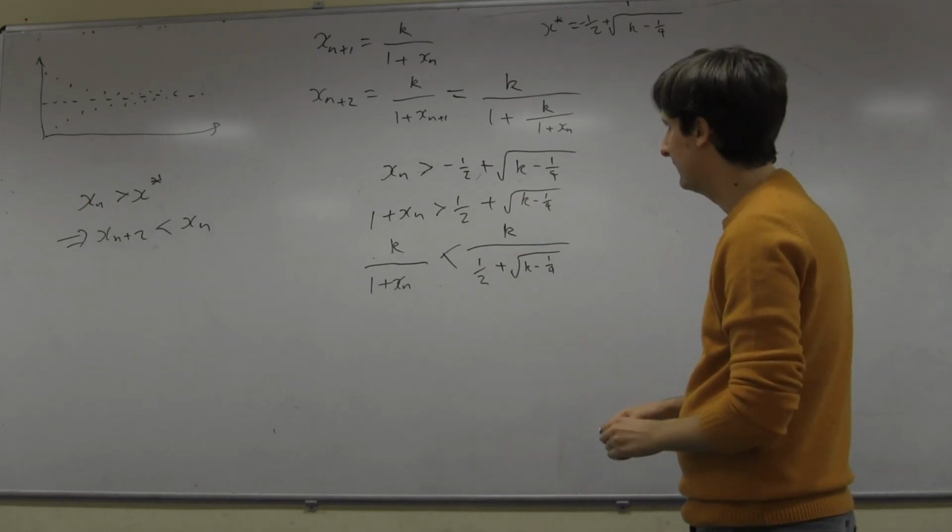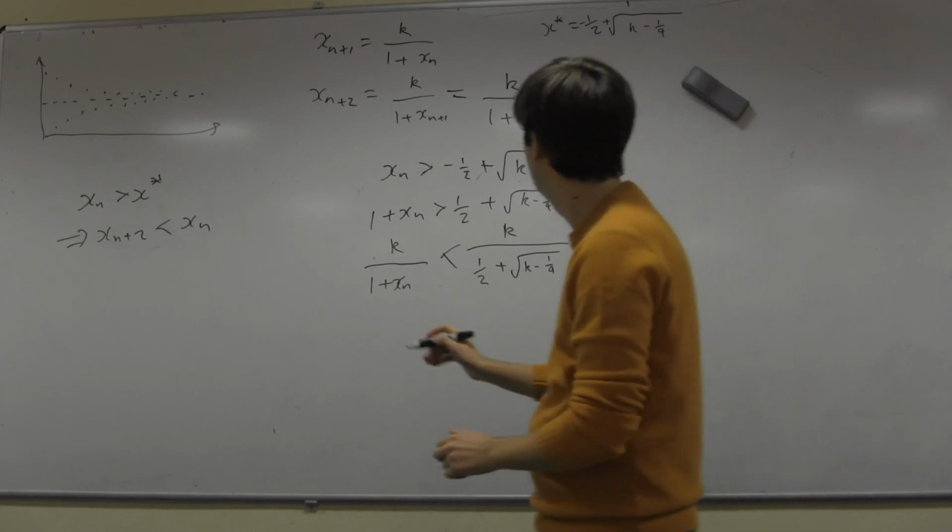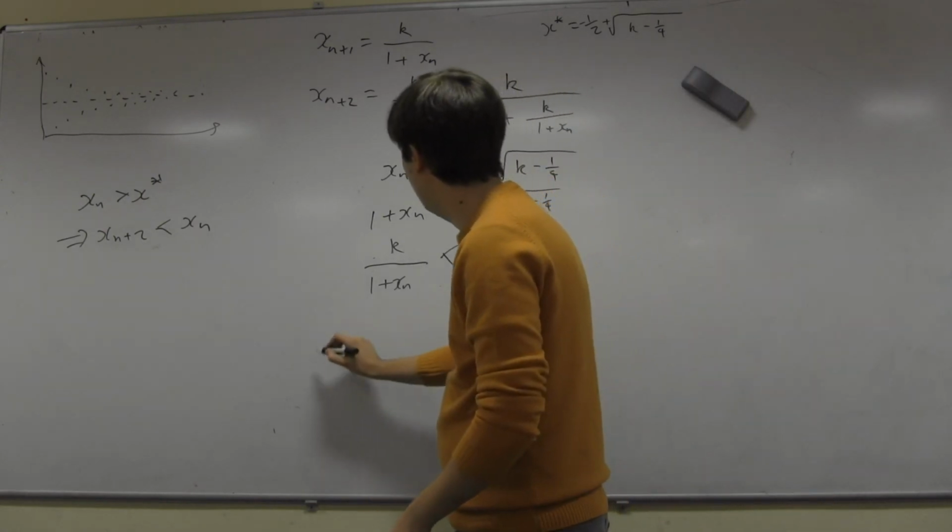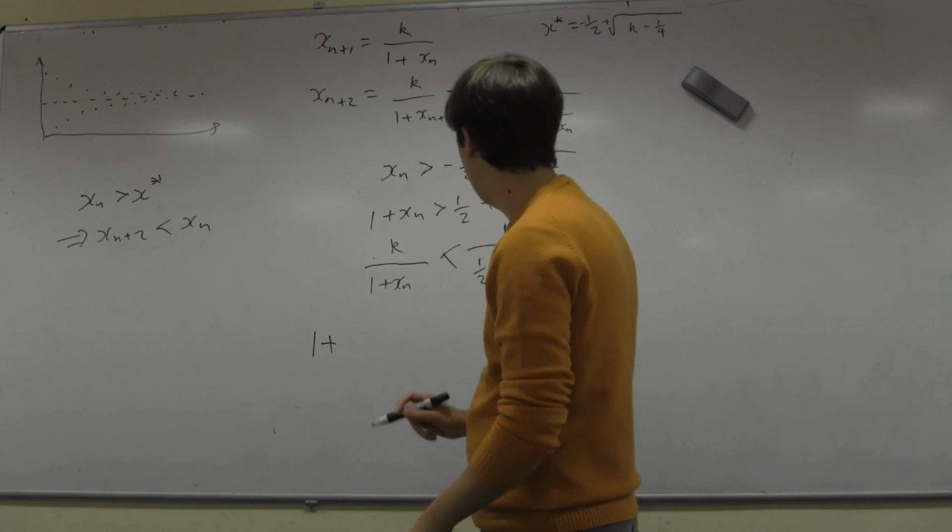And then we can multiply both sides by k. I hope this is going to work. Then we can add 1 to both sides.